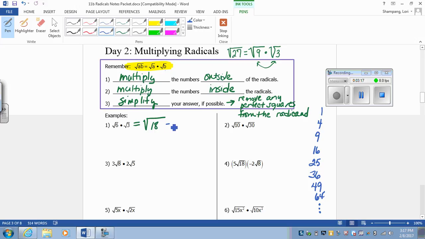So I can look at this list and I see that 9 is a factor of 18, and so is 2. So I can write down the square root of 18 is equal to the square root of 9 times the square root of 2.